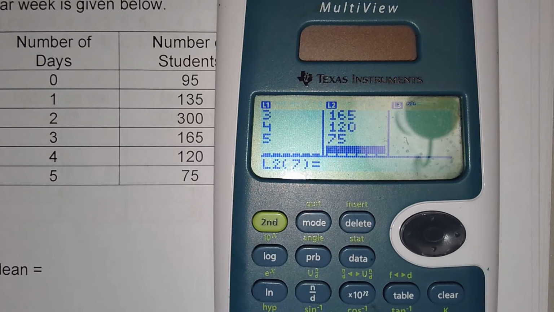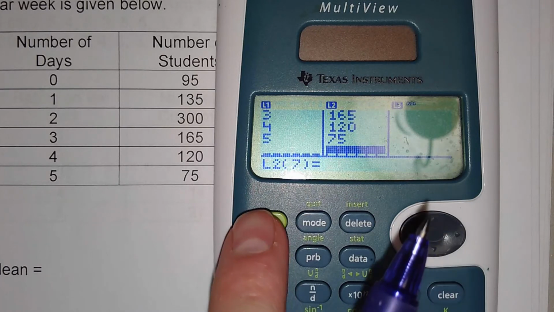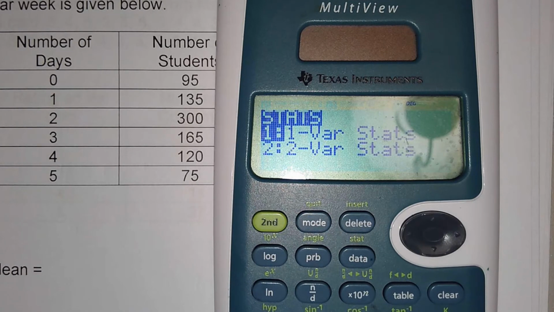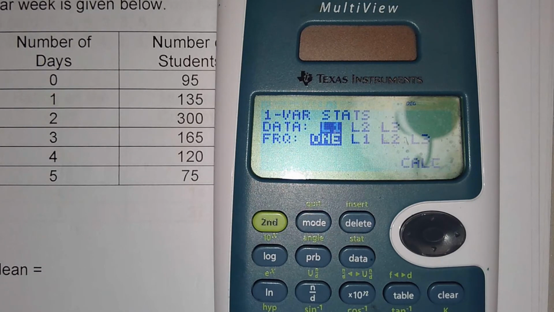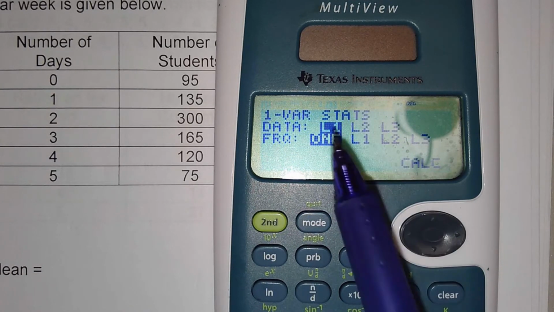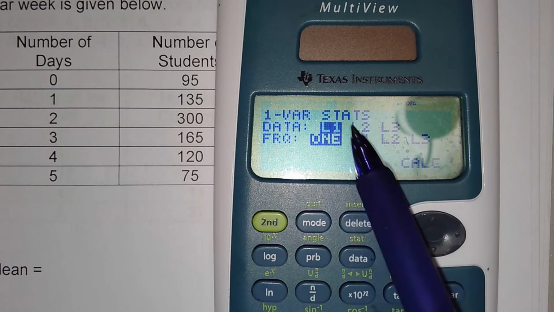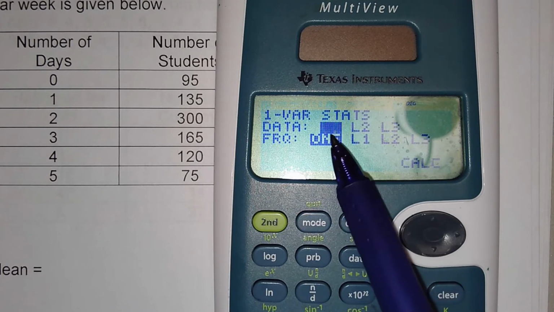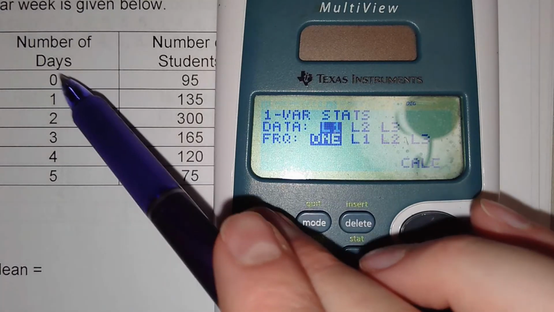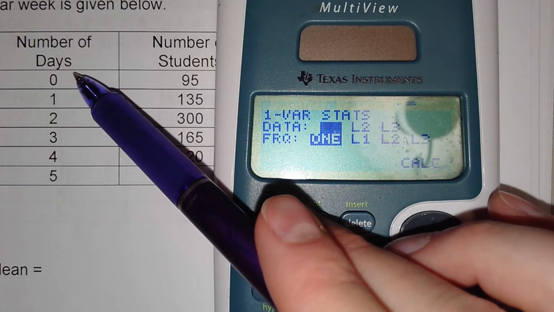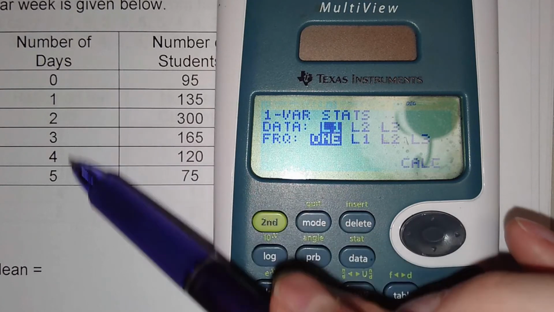Okay, so now here's where we have to be careful, because when I go to my next screen, second, data, I've got my frequency in L2, so I can't leave it this way. If I leave it in this form, it's just going to calculate the mean, median, and standard deviation from 0 through 5.